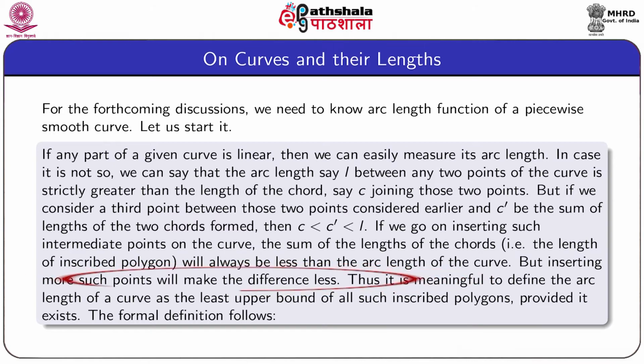But inserting more such points will make the difference less. Thus, it is meaningful to define the arc length of a curve as the least upper bound of all such inscribed polygons, provided it exists. The formal definition follows.